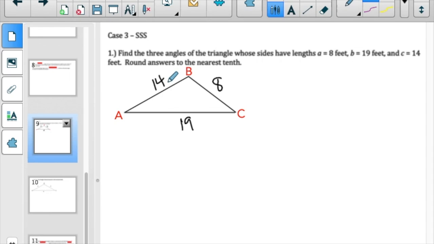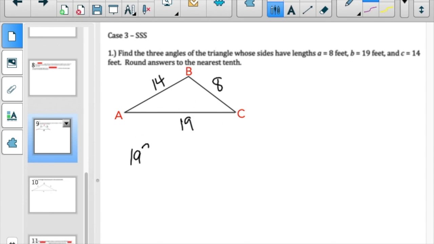So we want to find the largest angle first. What angle do we have to find first? A, B, or C? B. Okay, and we know that B is going to be the largest angle because it's across from the largest side. So we're going to find angle B first, which means we're going to set it up as B squared equals.